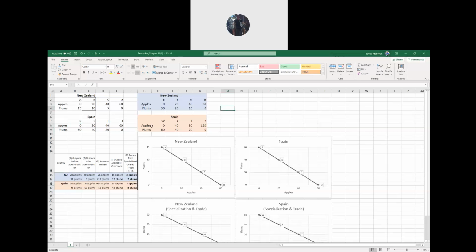All right, and then all you got to do to plot them is just select them and make a little graph. So just plot the points, just like we did with those examples from chapter 1, which were the budget lines. Okay, so there's the curve for New Zealand, and there's the curve for Spain.